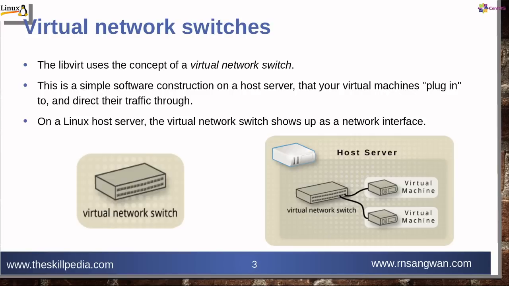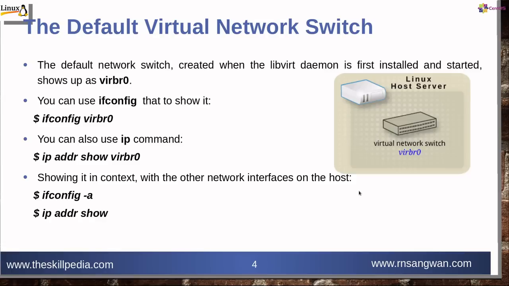On a Linux host server, the virtual network switch shows up as a network interface. So you can see that in this setup, this is a virtual network switch example. This is a host machine, host server, and the virtual machine plugs into this virtual switch.